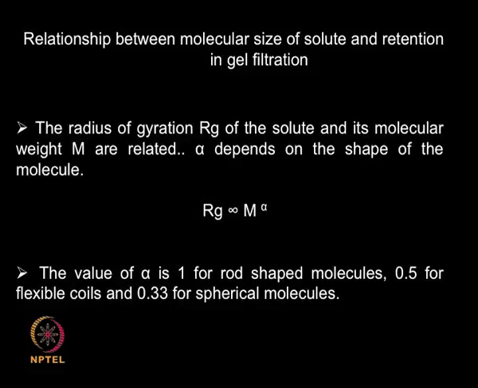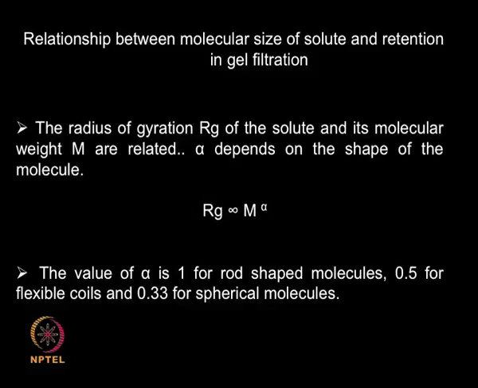Now we need to know a relationship between the size of the molecule, or the size of the protein which you are eluting out, and the molecular weight, okay. Generally it is in this particular form, Rg is proportional to m raised to alpha, where Rg is the radius of gyration of the solute, m is the molecular weight, and alpha is the exponent term, which depends on the shape of the molecule.